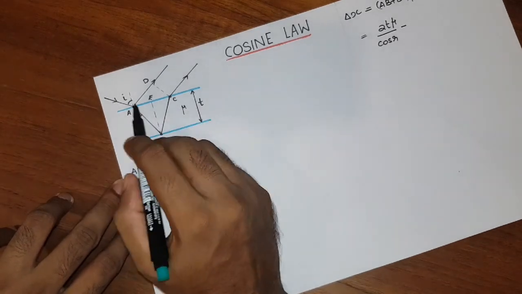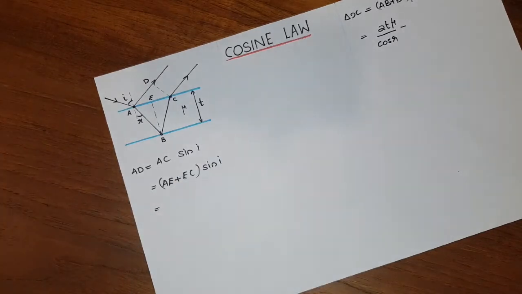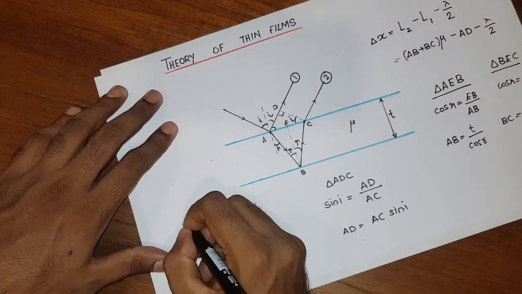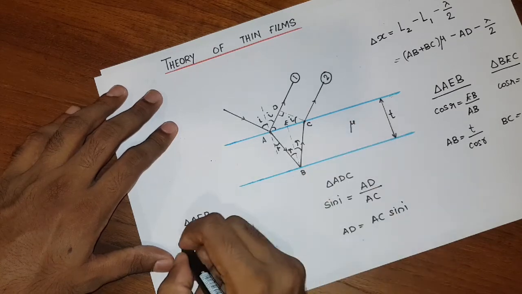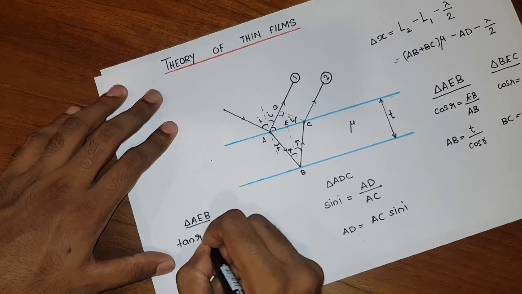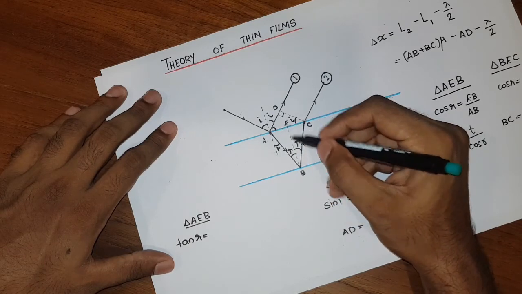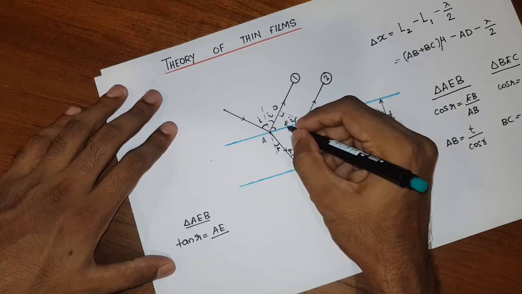Alright. Now from this triangle AEB, so I'll just go back to the other figure, so it is much bigger. From the same triangle AEB, if you take tan R, what is tan R? Opposite side by adjacent side, that is AE by EB.